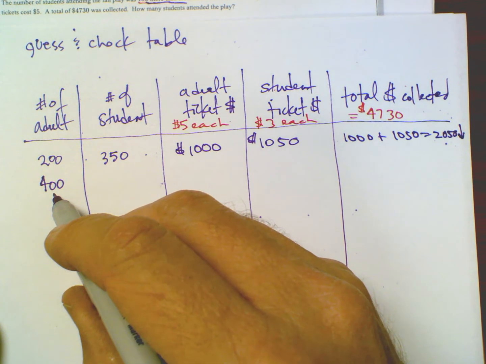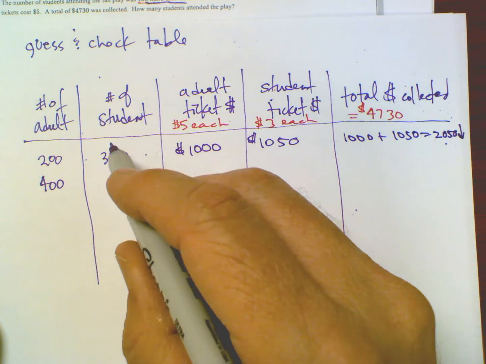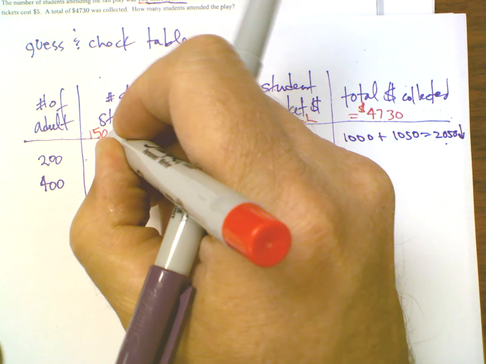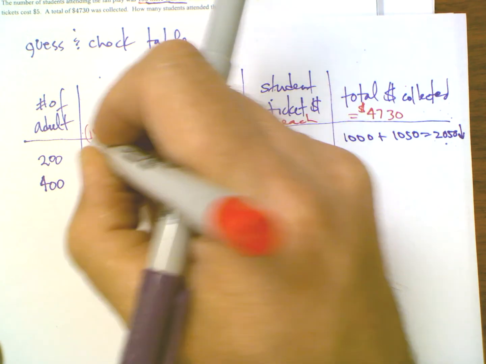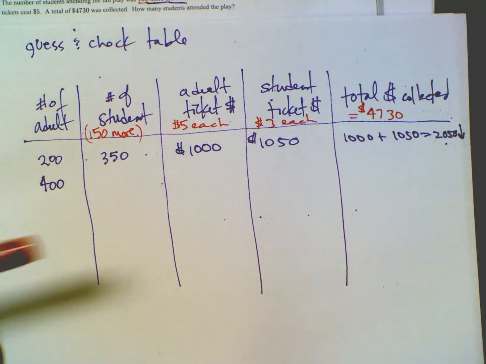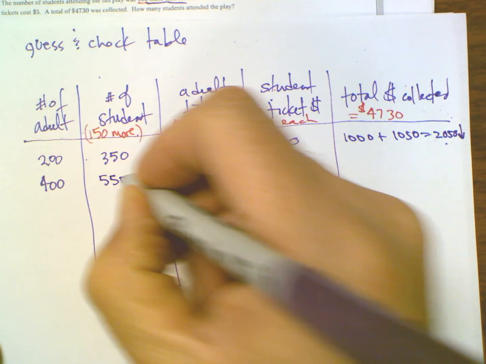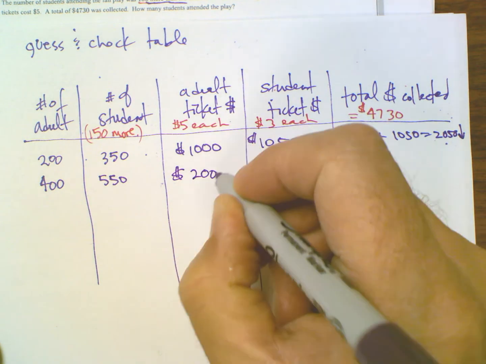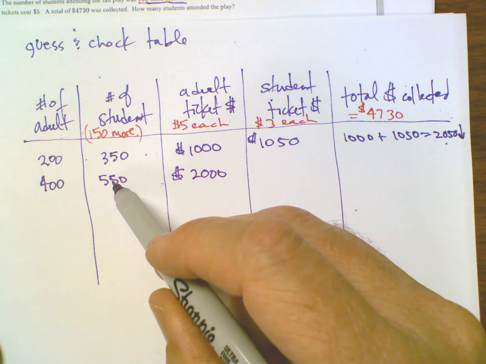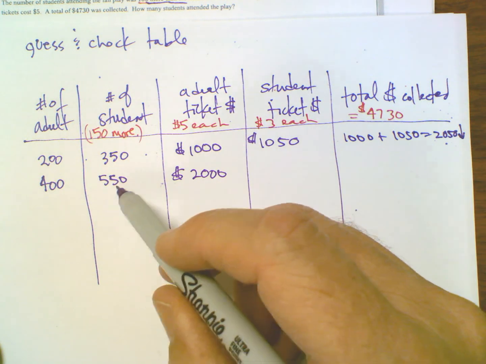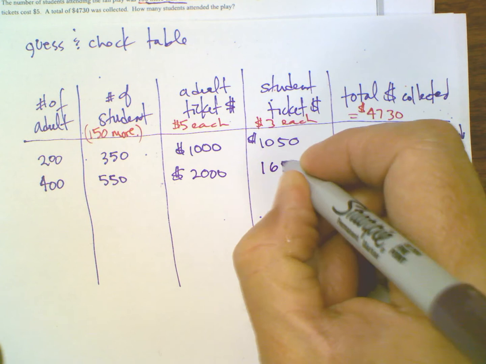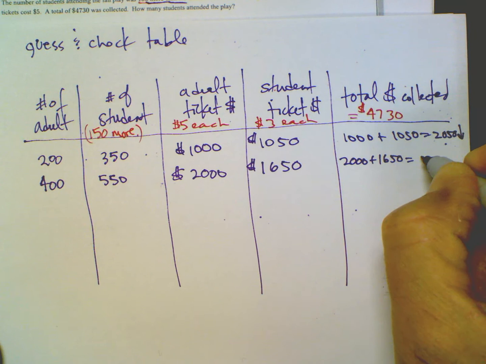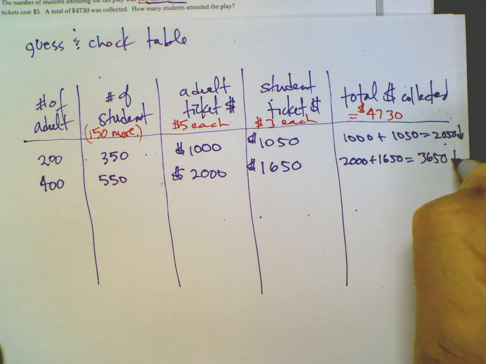If there are 400 adults, there are 150 more students, so I'll write myself a note: 150 more is what students were. 400 plus 150 makes 550. $5 an adult makes $2,000, and $3 times 550 gives me 1,650. Adding those up, 2,000 plus 1,650 is 3,650, which is still too low.